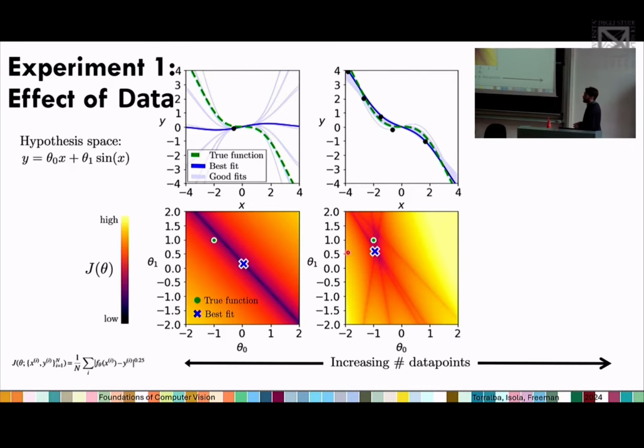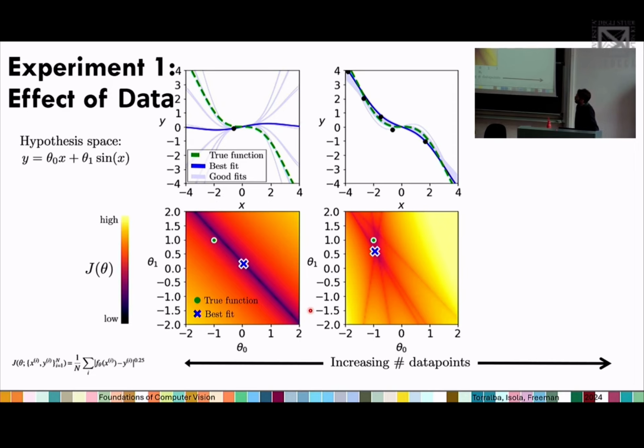Let's see the effect of that on a one-dimensional fit. Let's say that we have only 1 point, and then see what happens when we have more points. In this case, we need to fit theta 0 x plus theta 1 sine of x with only 1 point.